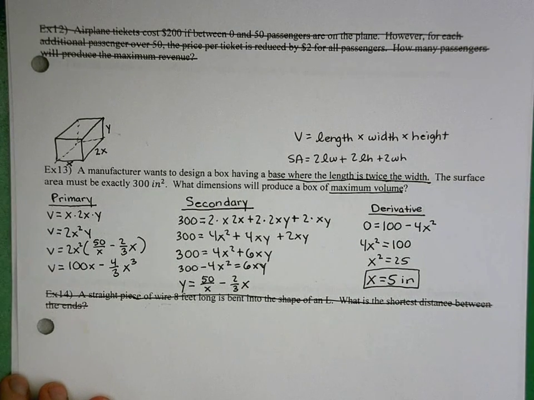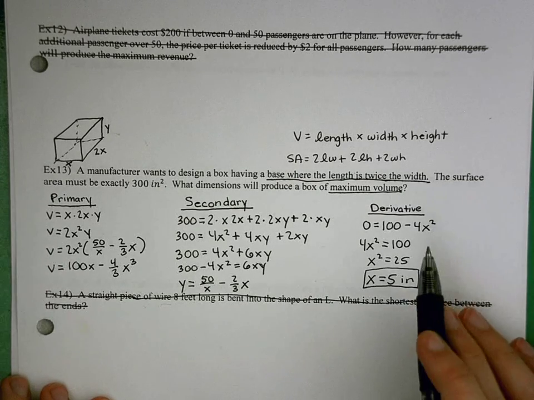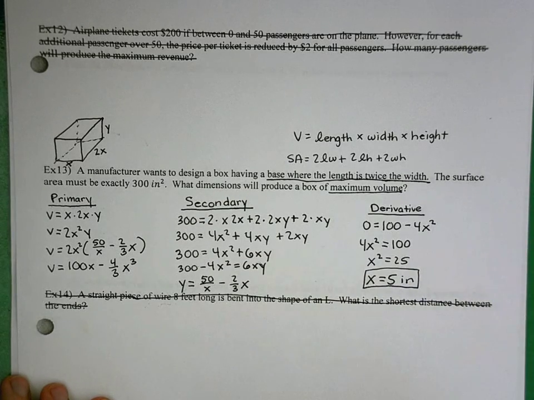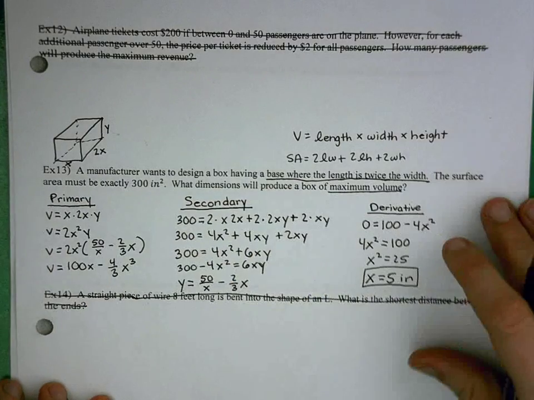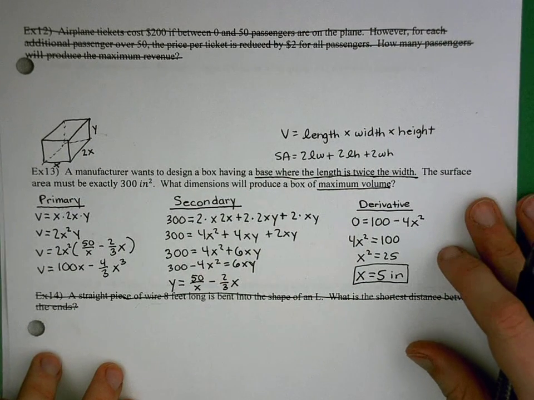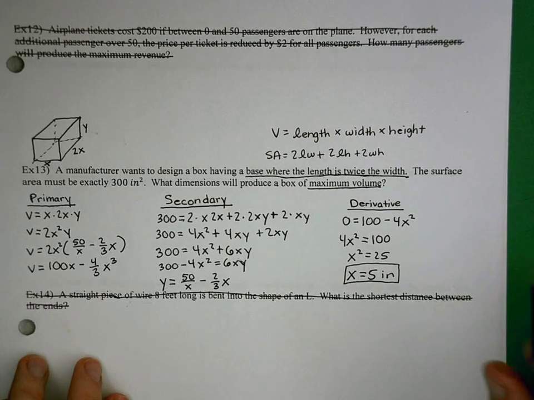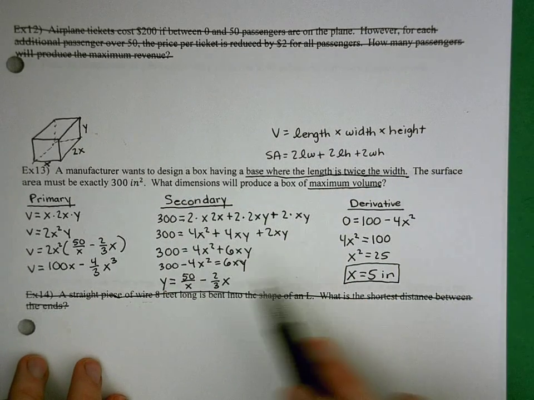Okay, last step, you do want to make sure that you've always taken the time to actually answer the question. And so when I look at this, I see that I'm asked for the dimensions that will produce a box of maximum volume. So I have the x, which means I want to know what my other dimensions would be. Okay, so I can solve for y in this case by plugging into my y equals.